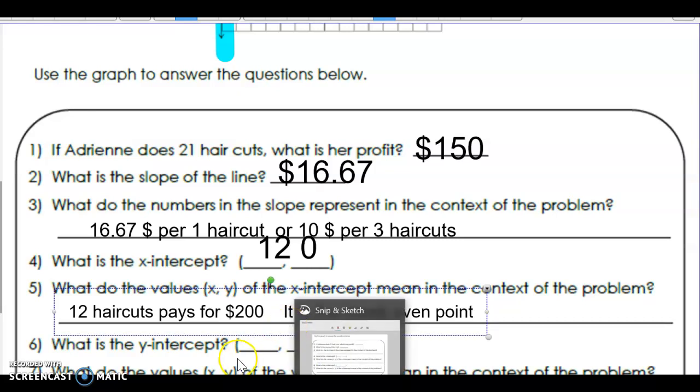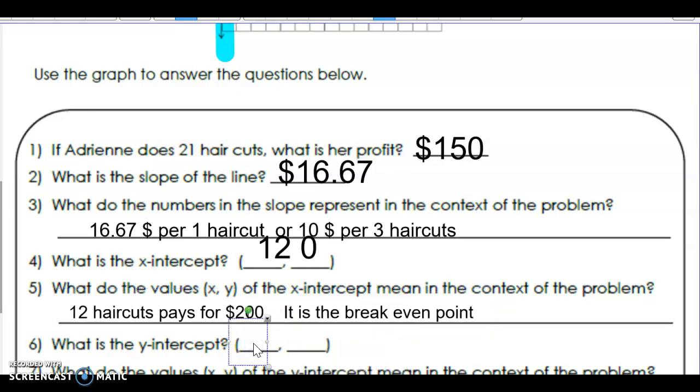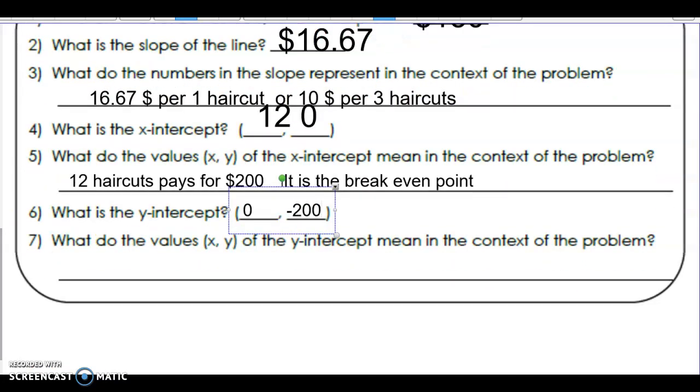The y-intercept is a little bit more meaningful in here. The y-intercept is where x is 0, and the y-intercept was negative 200. And what that meant, again, was that she has to pay money to make money.